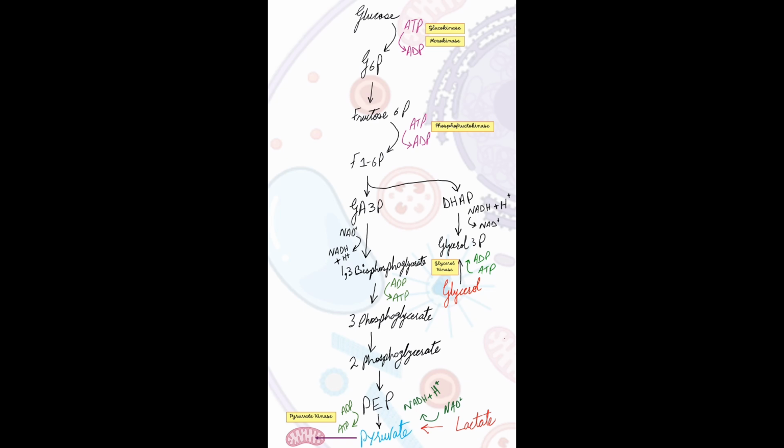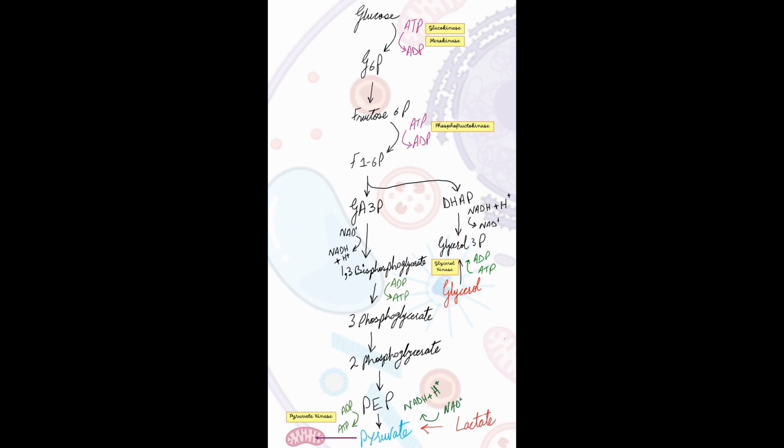Fructose 6-phosphate will be converted into fructose 1,6-bisphosphate. From there, it's a 6-carbon compound, and it will be split into two 3-carbon compounds, glyceraldehyde 3-phosphate and dihydroxyacetone phosphate.